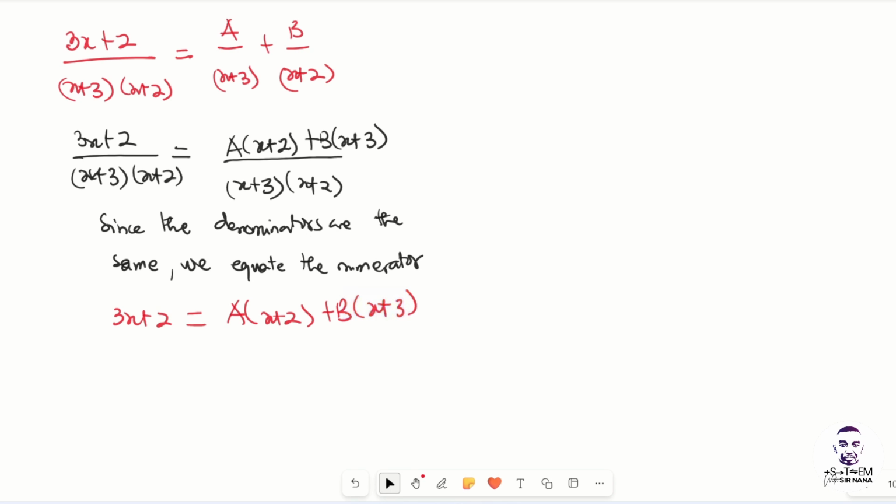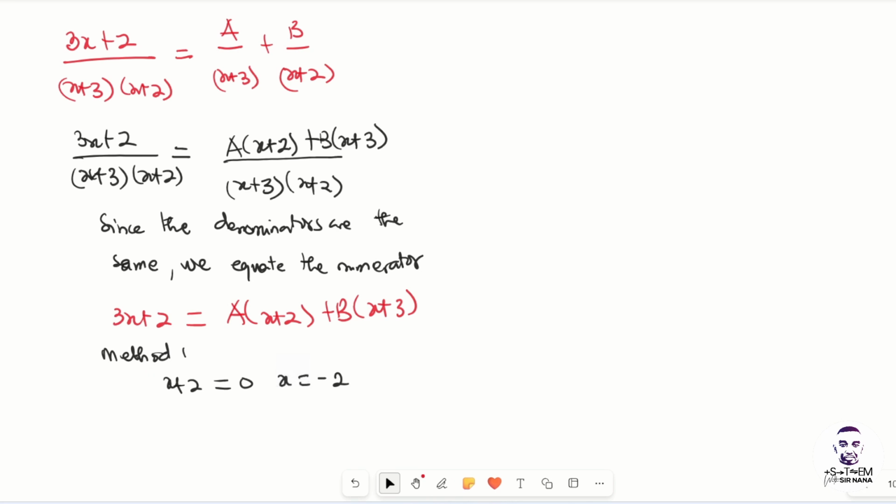Right, so once we get here, one method of solving this is that we can take the factors one by one. So we will take x plus 2 and equate to 0, and then get x to be equal to negative 2.